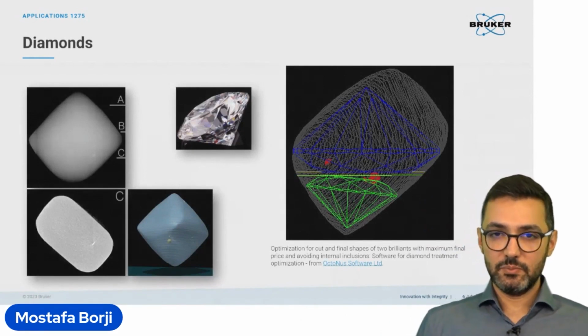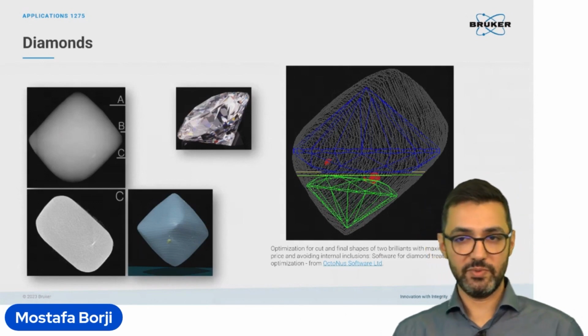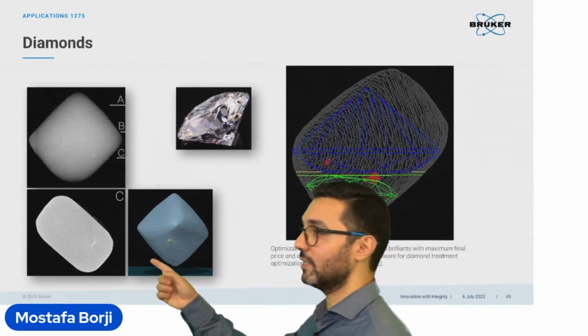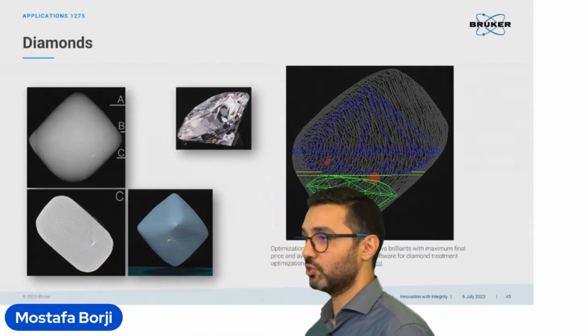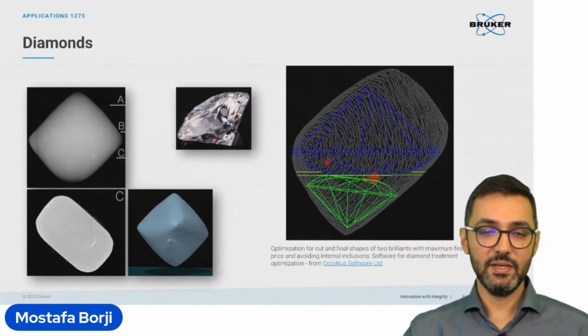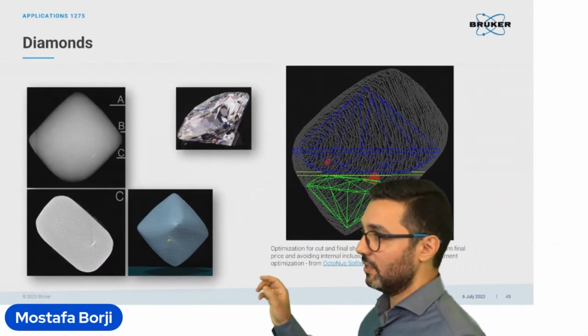Another very nice use of this is in the diamond industry, especially when we have a raw diamond with some inclusions in it, for example, over here. We would like to do the measurement and see what would be the best output from this raw diamond, without having these inclusions inside.